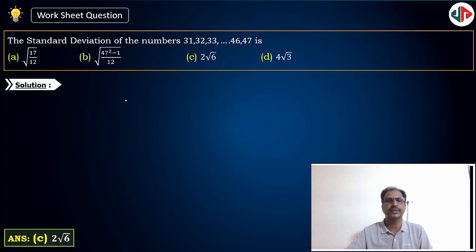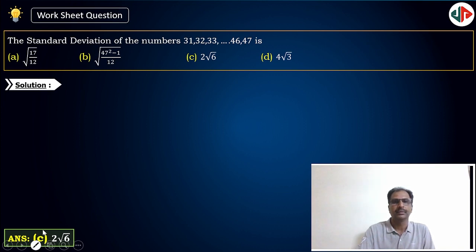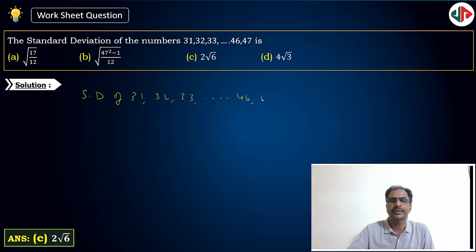Next question: the standard deviation of the numbers 31, 32, 33, and so on up to 47. We know that standard deviation remains the same if each observation is either increased or decreased by a constant.